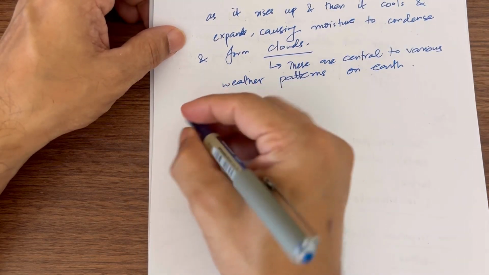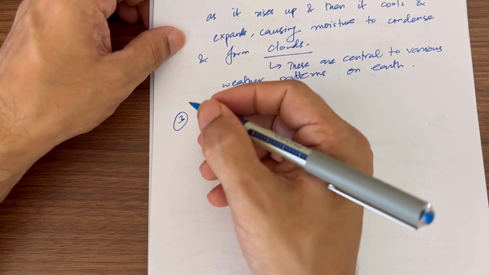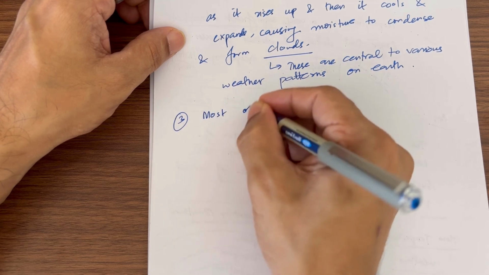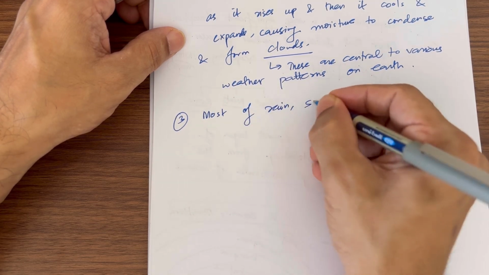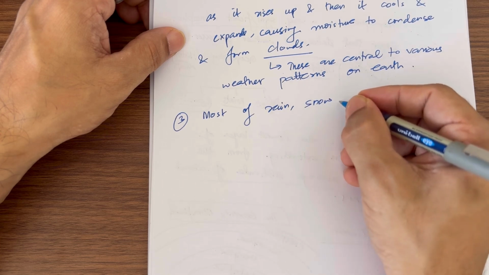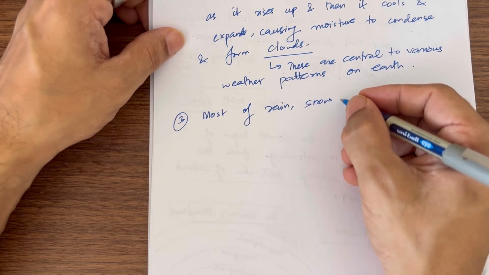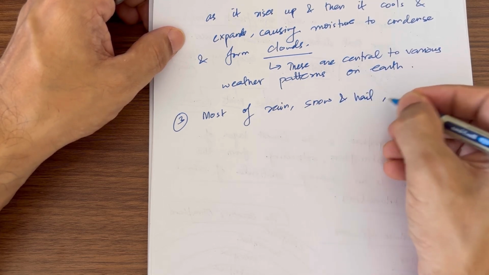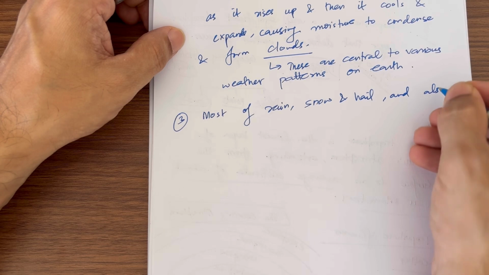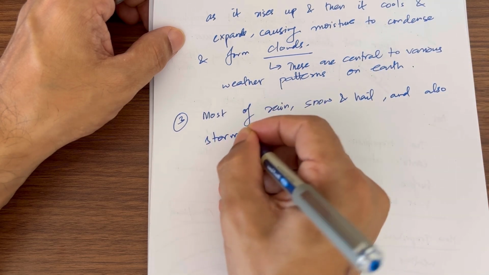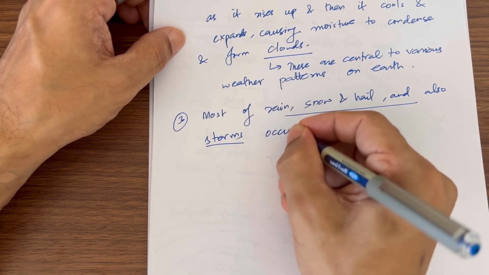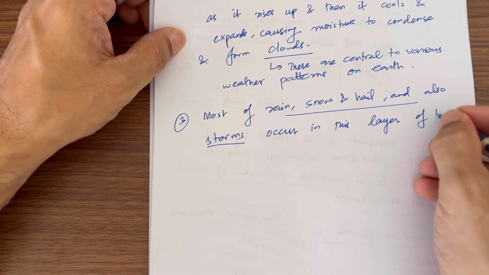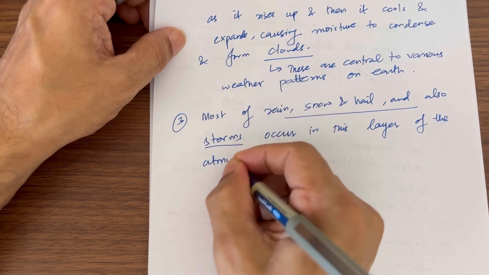Then of course this also leads to your precipitation. Most of rain, snow, and hail, and also storms occur in this layer of the atmosphere, not Earth, atmosphere.